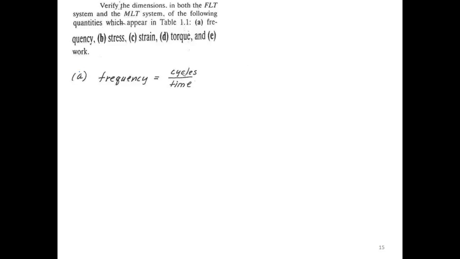Or it's cycles per unit time. And then we will go to this table, table 1.1, and we can pick the dimensions. So cycles is simply a number, so it doesn't have units. And then we have time right here, and it's simply T, so it will give us the frequency T to the negative 1, and that's what we know, 1 per second or 1 per minute, etc.